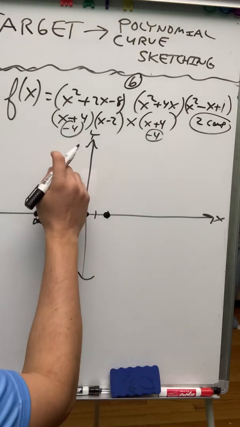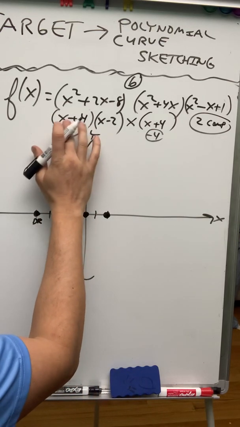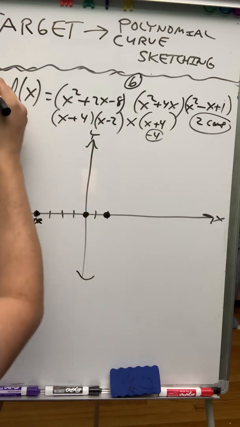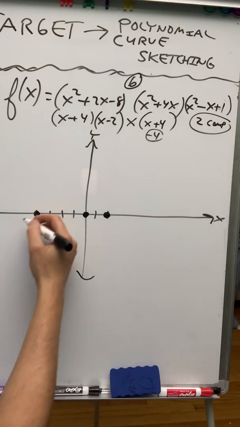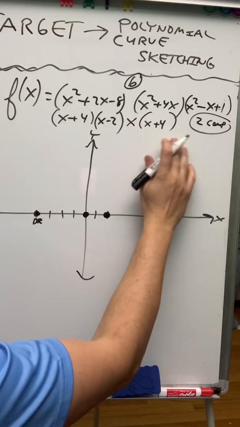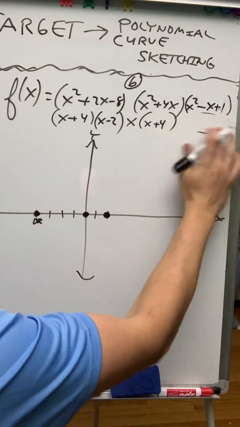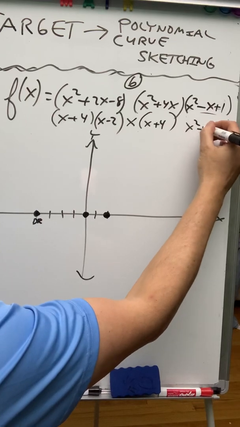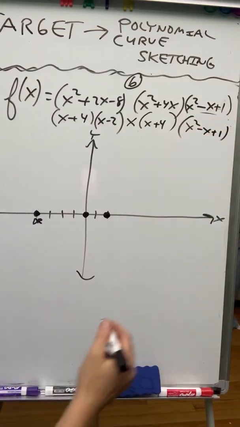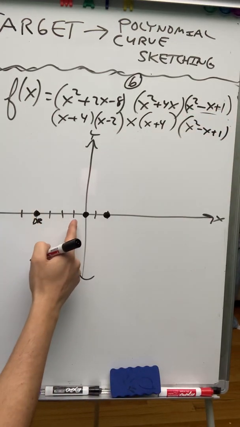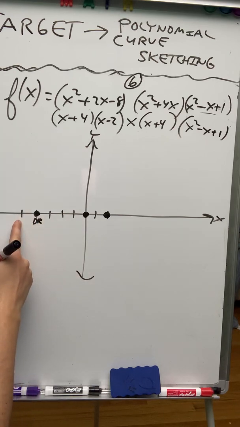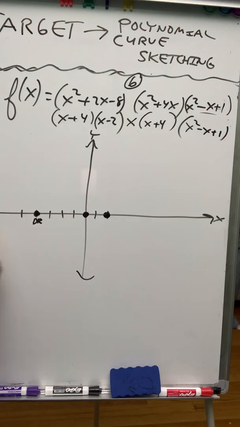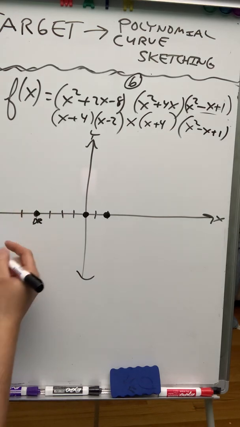So let's do the hard part here. Let's test and see if we're starting up at positive infinity and coming down, or starting low and coming up. So I'm going to pick a test point. I'm going to rewrite this down here too so you can see it. Test point of negative 1, negative 2, negative 3, negative 5. We're going to test negative 5. That's this point right here. That means all these points will be either positive or negative.